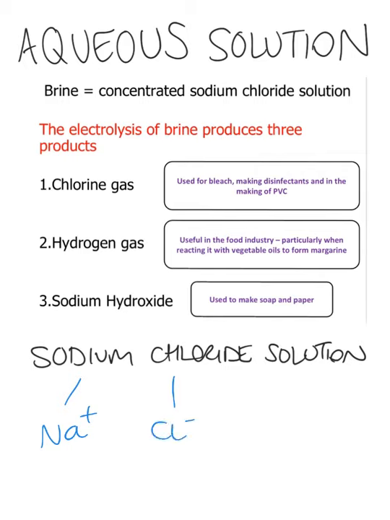But like I said at the beginning, the fact that we've now added the solution element, which has come from adding water, we've now got two other ions at play, which is H+ and OH-. Because they have now been introduced to the solution, you can see that we've got two positive ions and two negative ions, and there's rules which dictate which ion will go to what electrode and why.